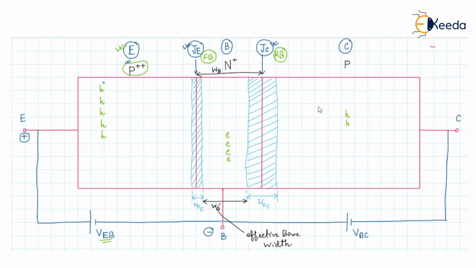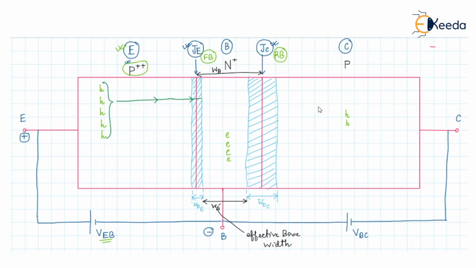Now since we have applied forward bias to the JE junction, the majority carriers of the emitter, that's the holes, will now move in this direction and they will cross the junction because the JE junction is forward biased and it is suitable for movement of the majority carriers.